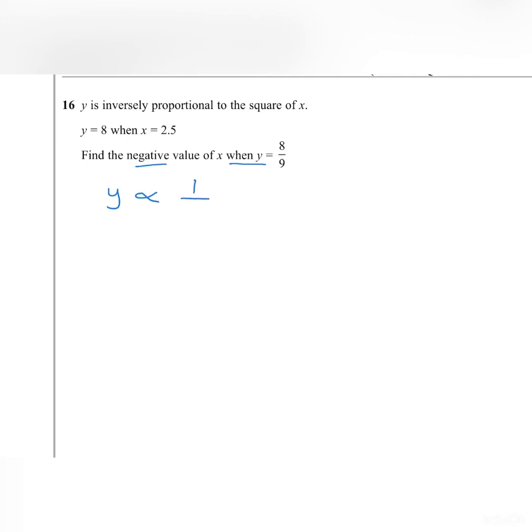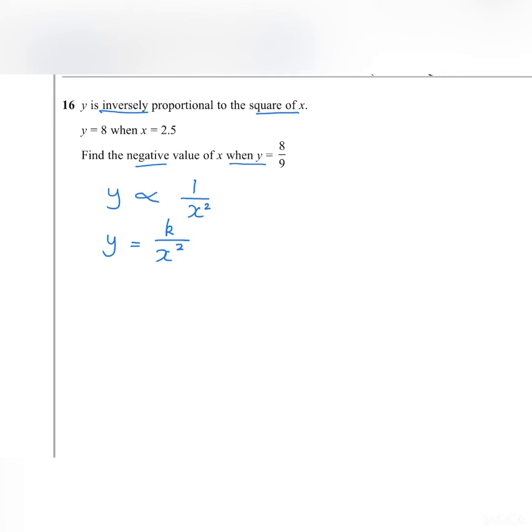Inverse proportion, 1 over x squared. So this is the square of x. Inverse means 1 over something. And then we can remove the proportional sign into equal sign by putting the constant in, k over x squared. Okay, so forming an equation.